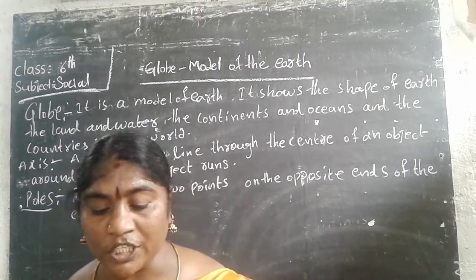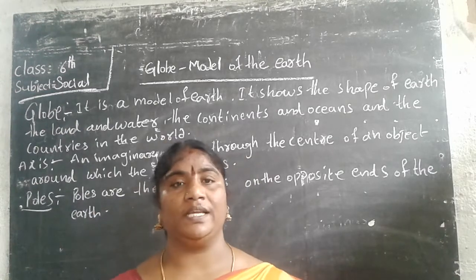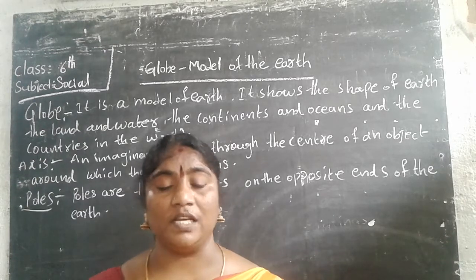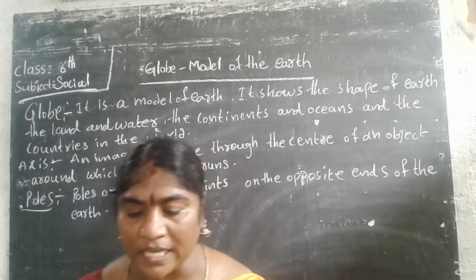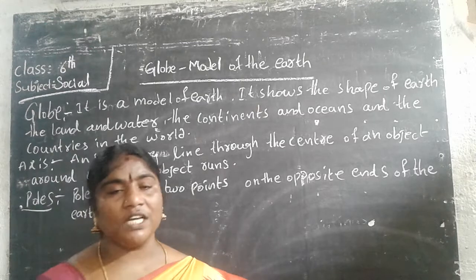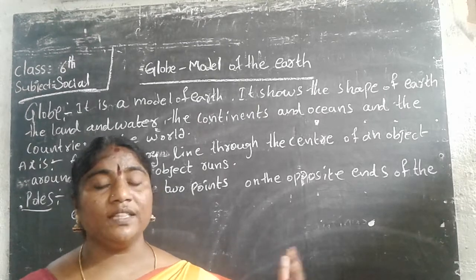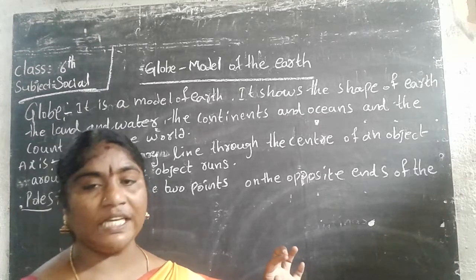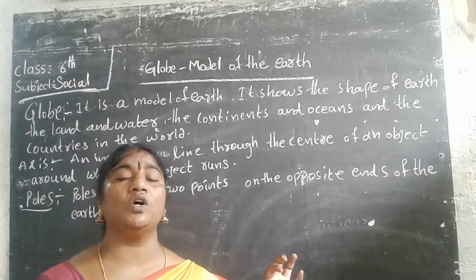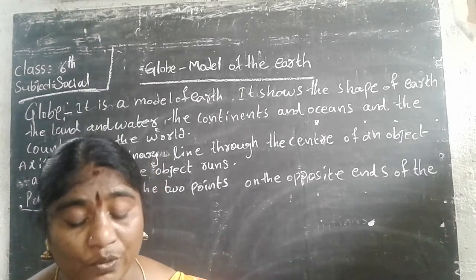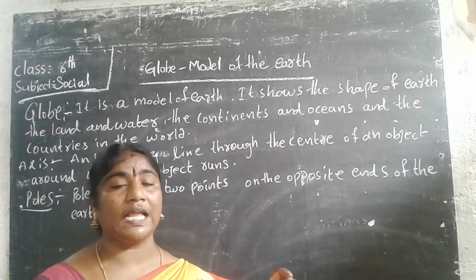What is longitude? That is a semicircle. Semicircles are called longitudes. You know the international date line. That is 0 degree longitude.